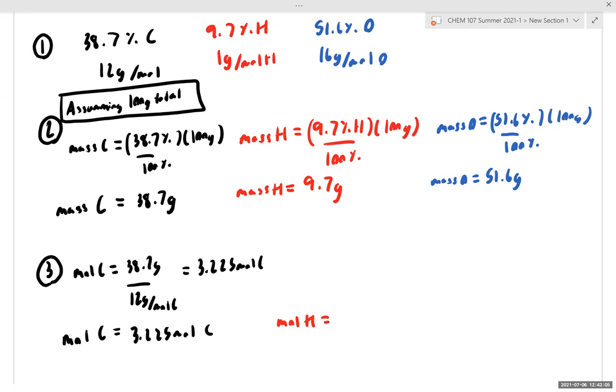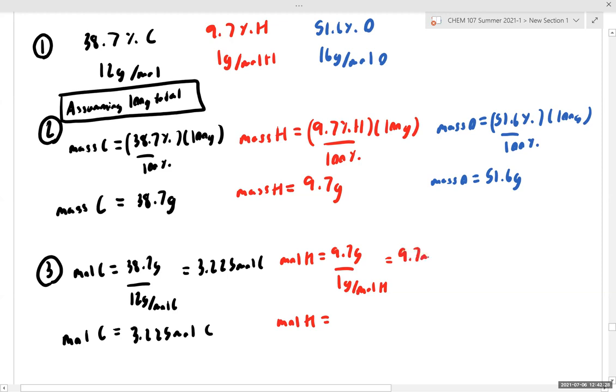Exactly, 9.7, sorry. No worries. So for our moles of hydrogen, we have 9.7 grams of hydrogen, and we have a mass of 1 gram per mole hydrogen. So that in turn gives us 9.7 moles of hydrogen.